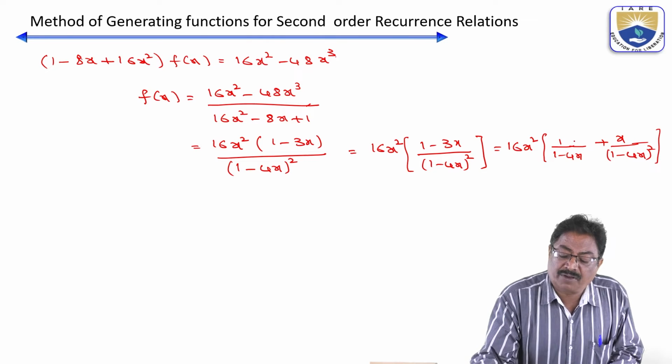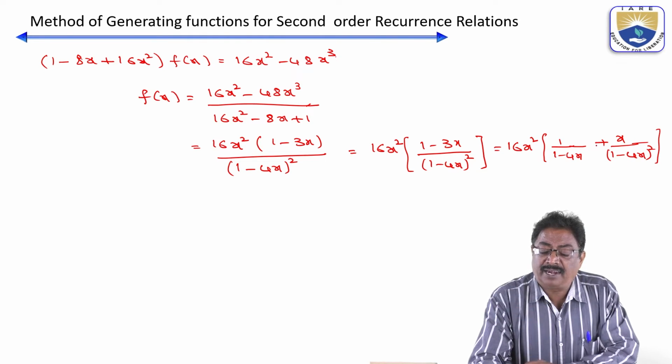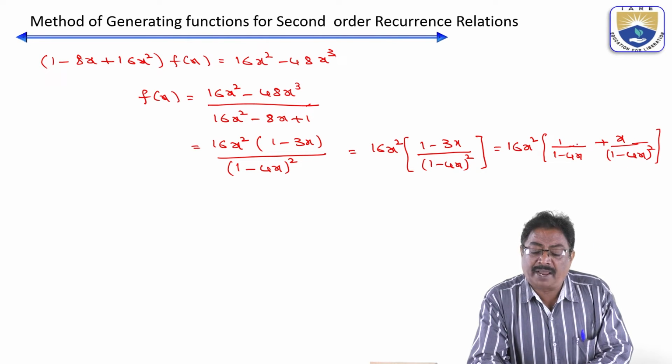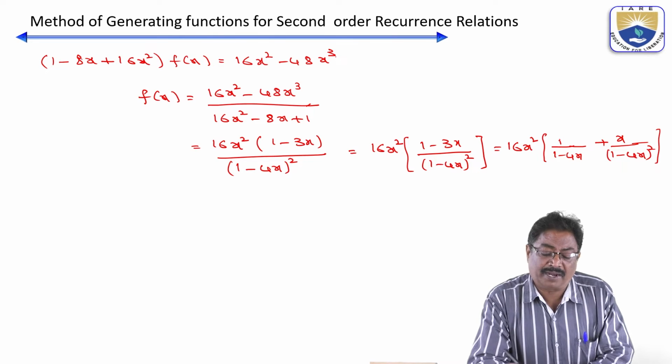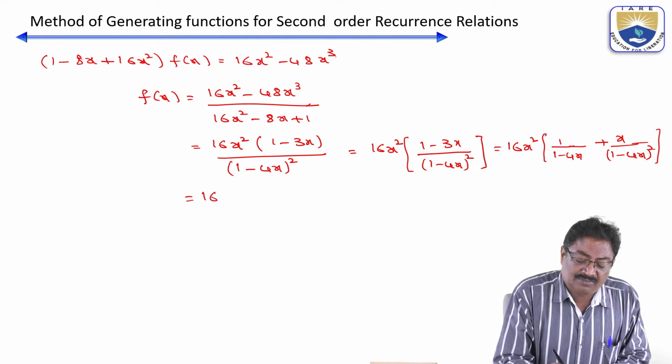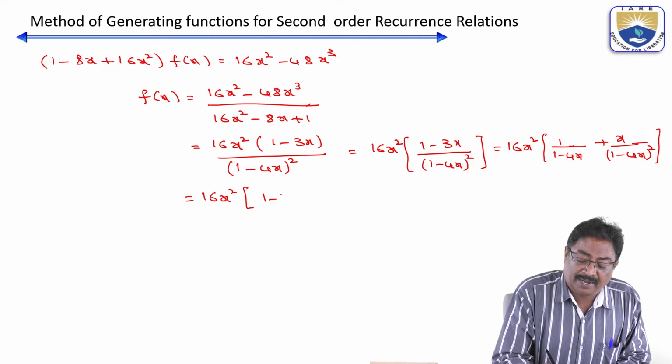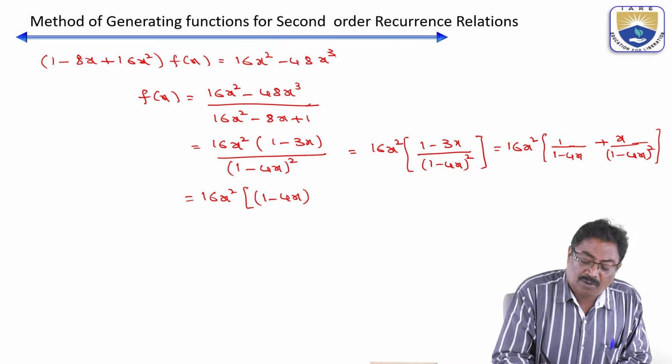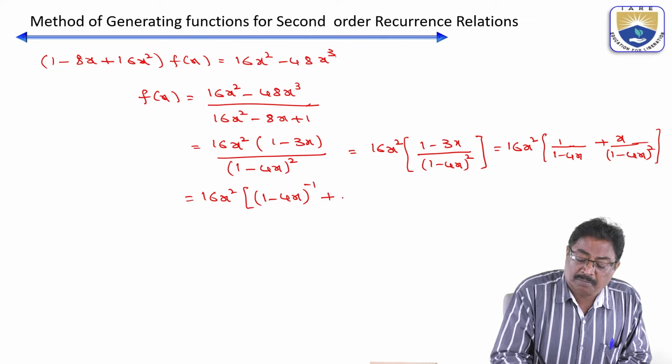So what am I going to get? 1 minus 4x plus x is 1 minus 3x. So this is 16x square, then 1 minus 4x whole to the power of minus 1, plus x into 1 minus 4x whole to the power of minus 2.